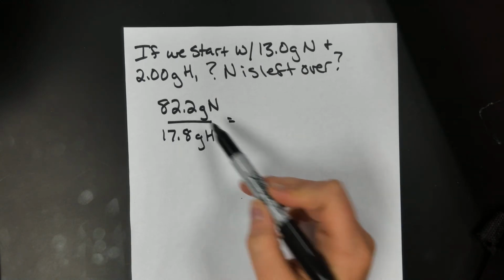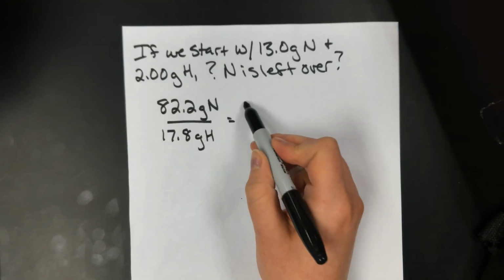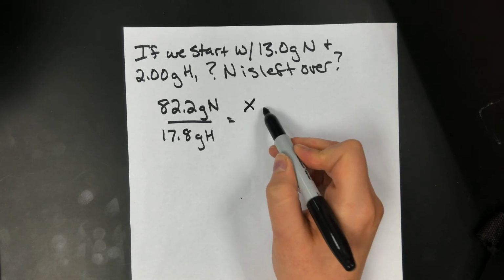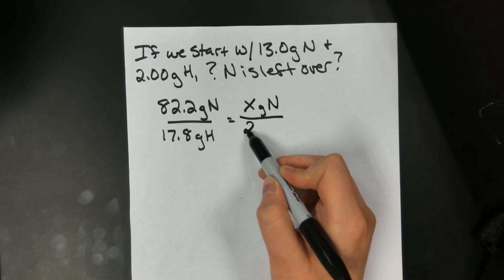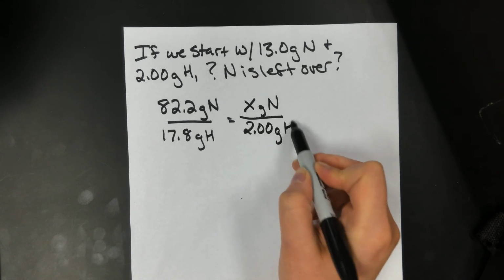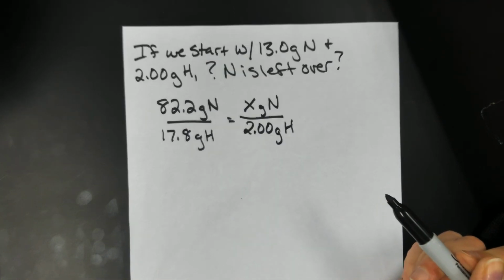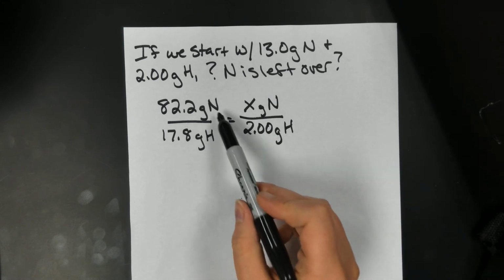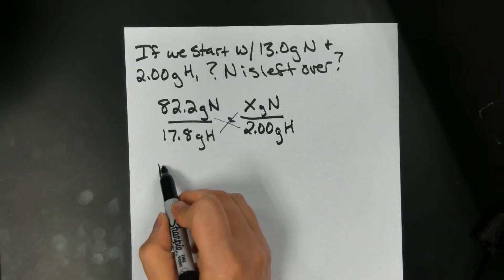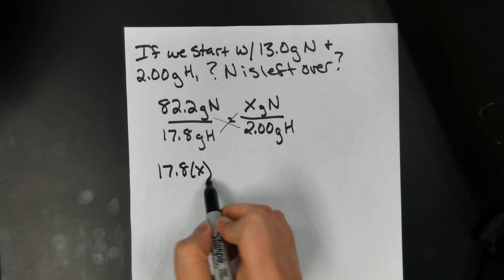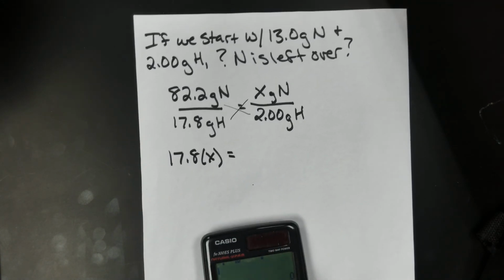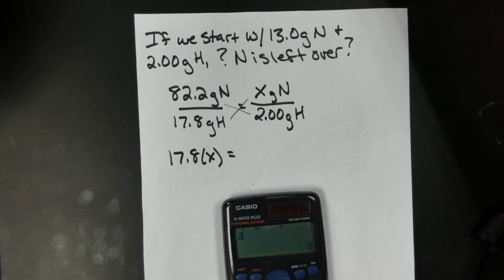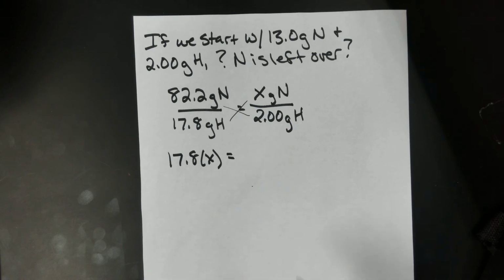Now I'm going to calculate. We don't know how much nitrogen we need for 2.00 grams of hydrogen. So all we do is cross multiply again. We get 17.8x equals 2 times 82.2, 164.4.